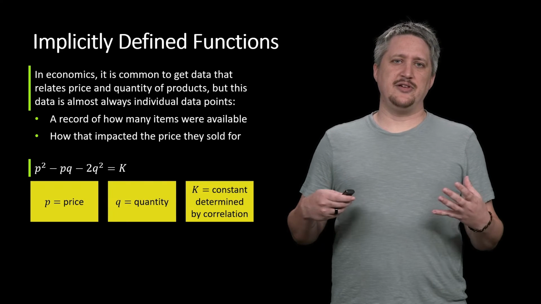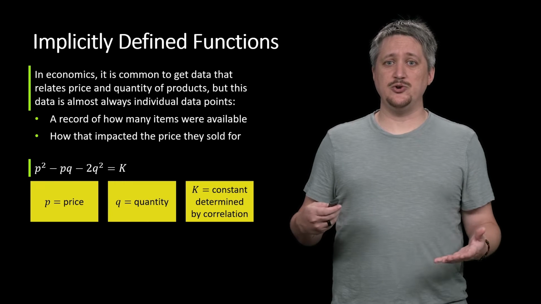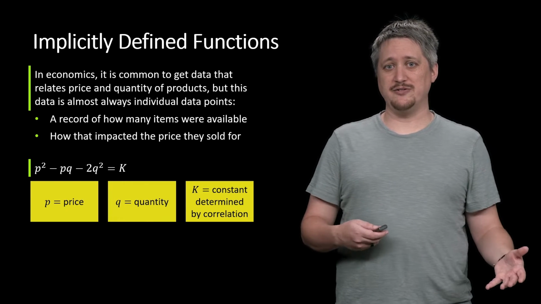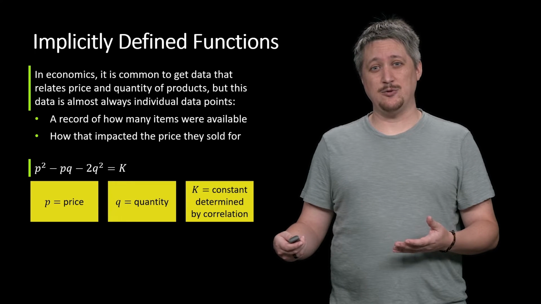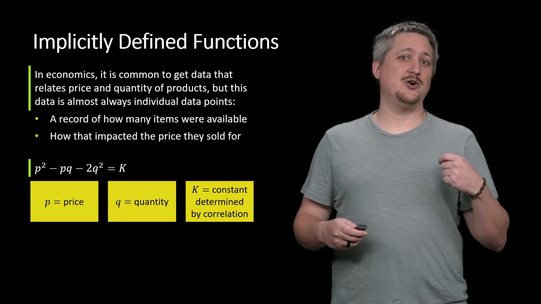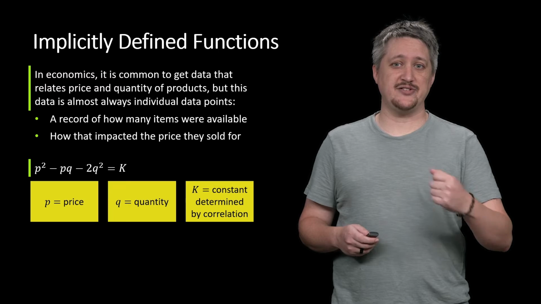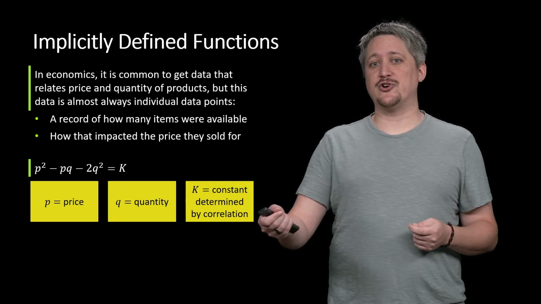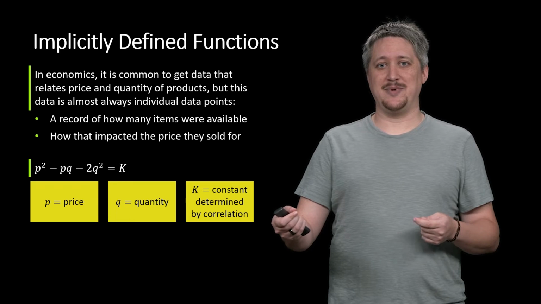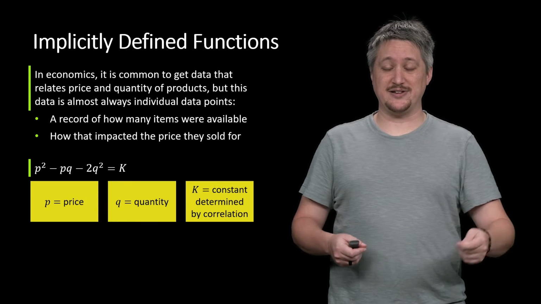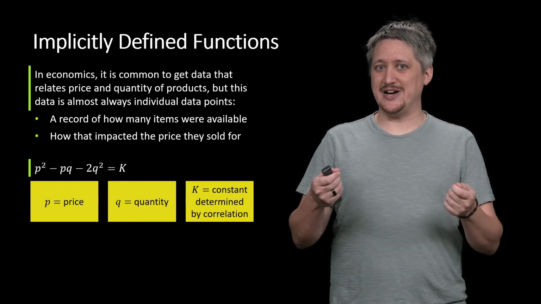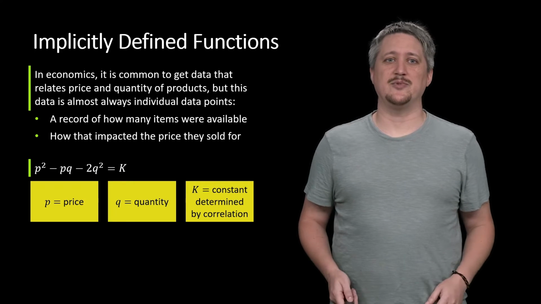The important bit here is that p and q are the unknowns, and maybe you want to treat one of them as the input and one of them as the output. You want to say, if I'm going to try to sell this many things, what should I charge? Or if I'm going to charge this amount, how many things can I expect to sell? You can go either direction, but you can't isolate either one of those things.